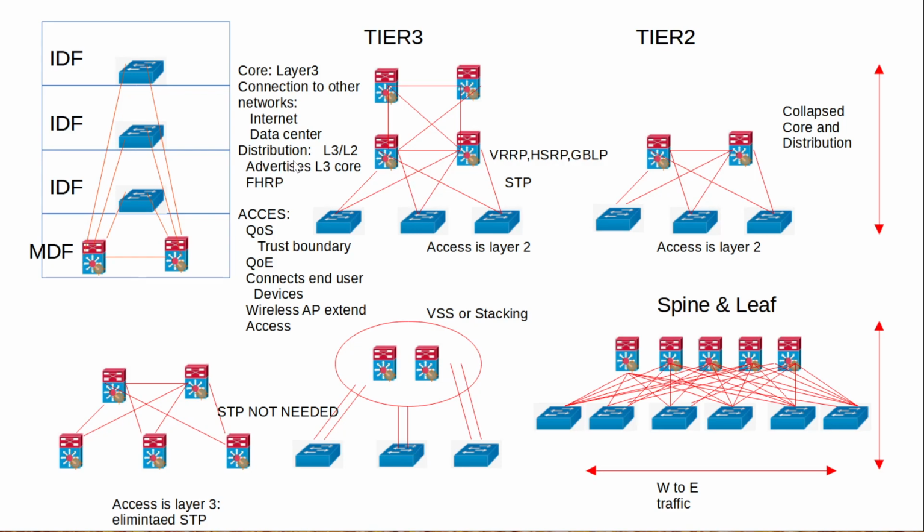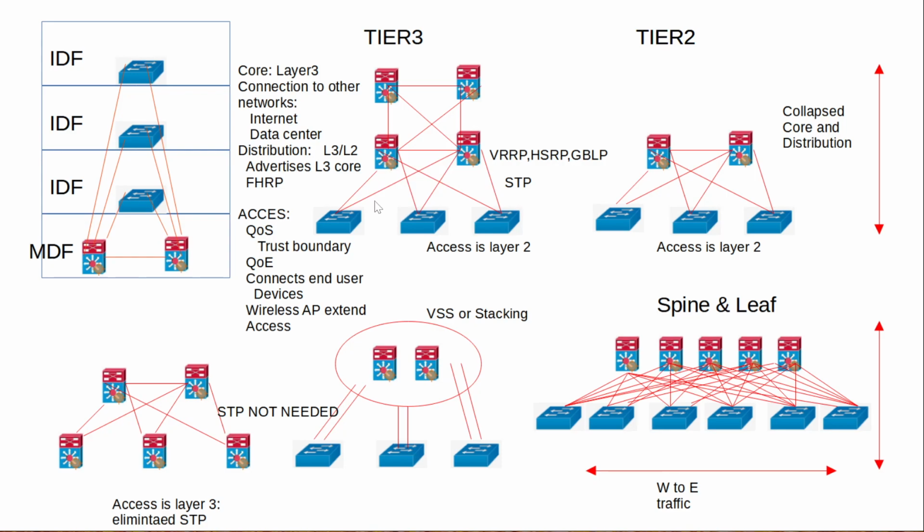The distribution layer is the border between the core layer and the access layer. So the distribution layer will be running routing protocols inside the core layer, and will be running spanning tree protocol into the access layer.